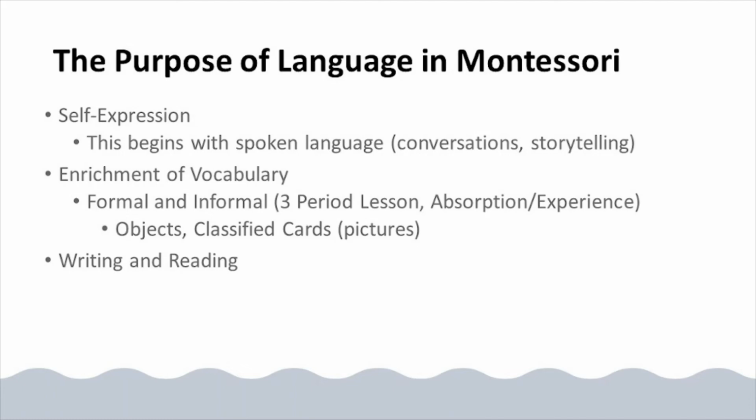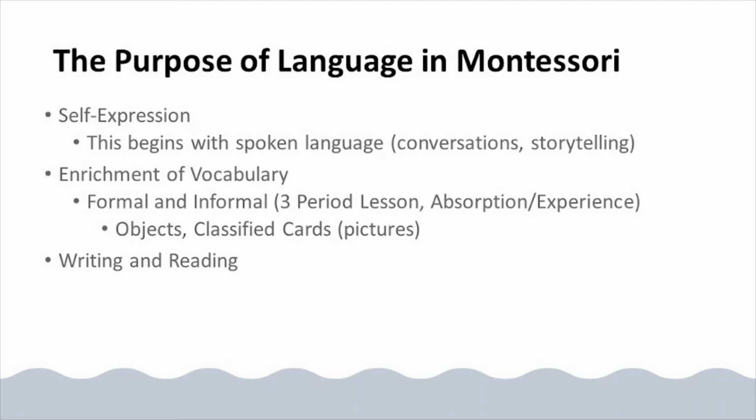And then, of course, we do what the purpose of language in Montessori is: writing and reading, right? That's where we're going. But in order to write and read, they really need to have exposure to that vocabulary first. So hearing, again, it all goes all the way back to that beginning of hearing the sounds, of hearing the conversations, then working on the speech organs, and then mimicking.